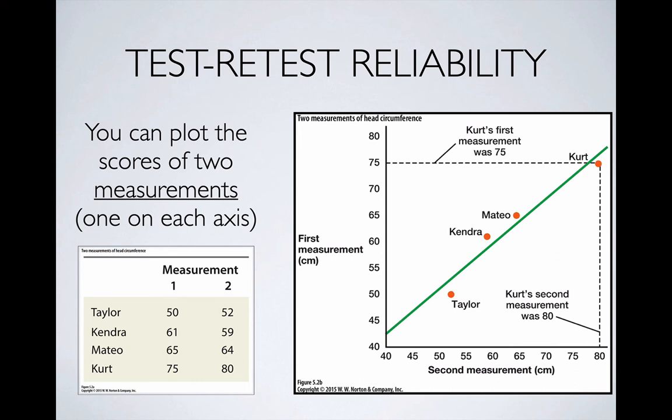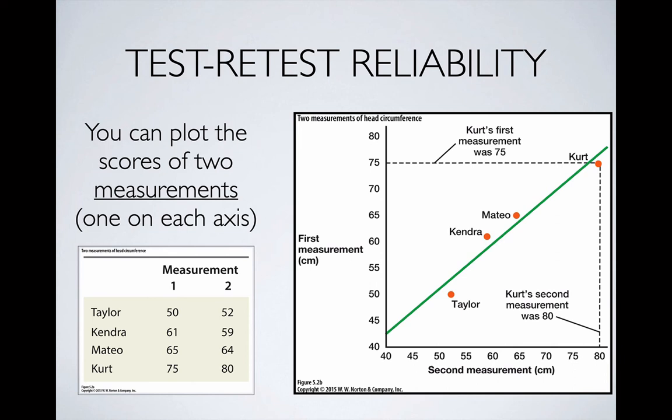In this case, they're measuring head circumference of participants, and each name on there, Taylor, Kendra, Mateo, Kurt, that's a participant. Under column 1 on the left, you have measurement 1. Then you have measurement 2 on the column on the right. So look at Taylor.